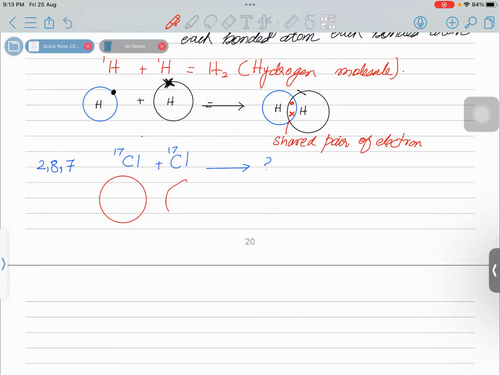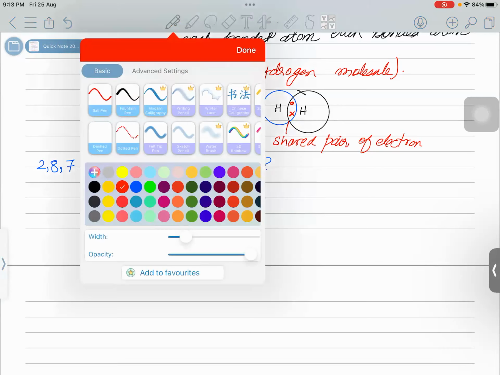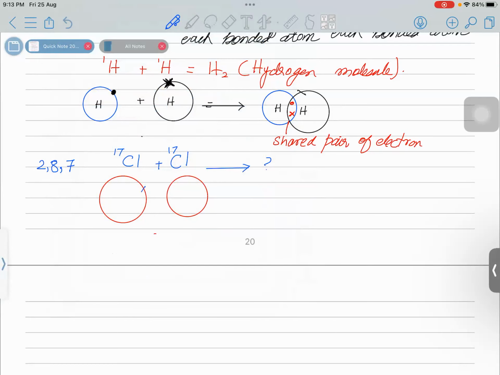This is chlorine 17. This is another chlorine 17. Here you have cross, here you have dot. Can you tell me how many valence electrons in each chlorine atom? 7, sir. So 1, 2, 3, 4, 5, 6, 7.